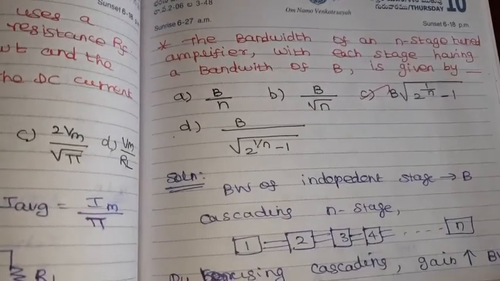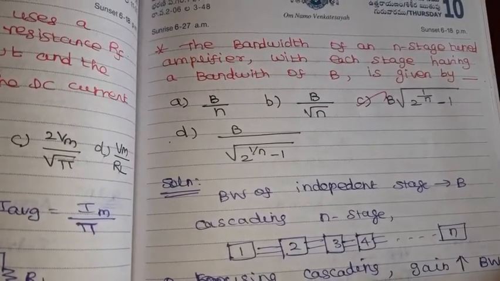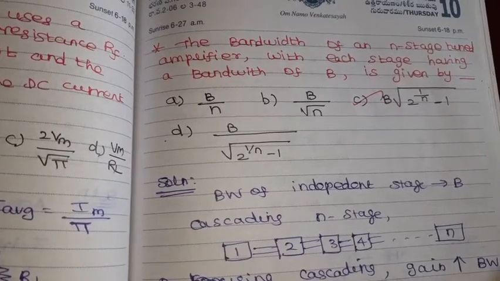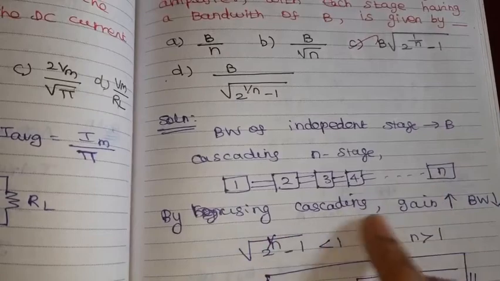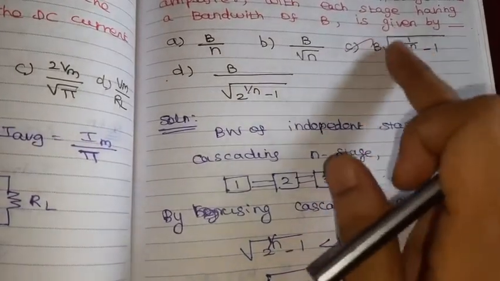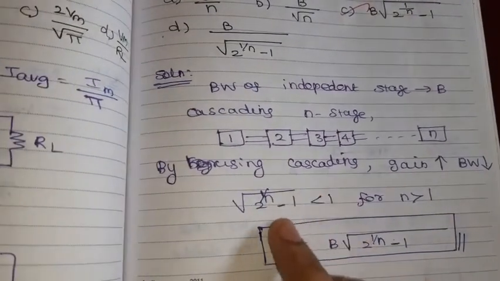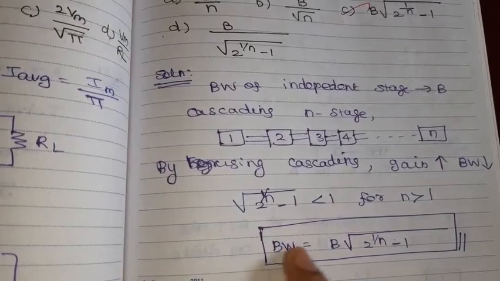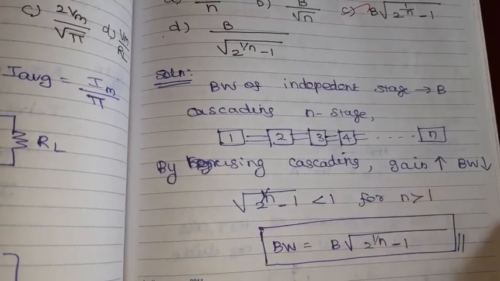Then, the bandwidth of an n-stage tuned amplifier with each stage having a bandwidth of B is given by... For the bandwidth of an n-stage cascaded amplifier, the answer is B into square root of 2 power 1 by n minus 1. Whenever we do cascading, gain will increase, and gain and bandwidth are inversely proportional.